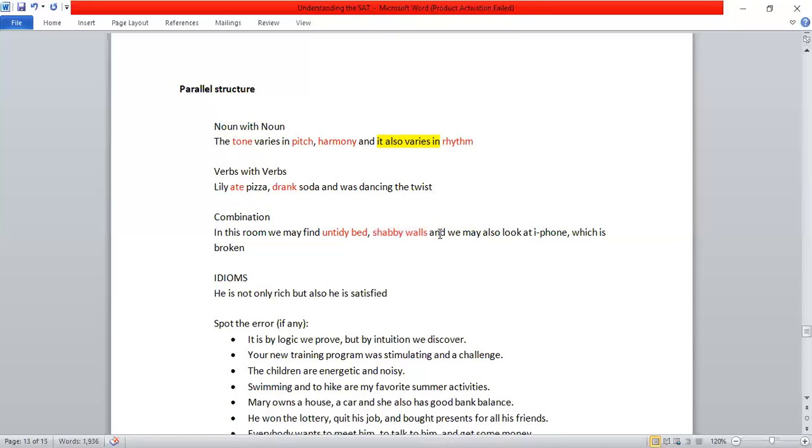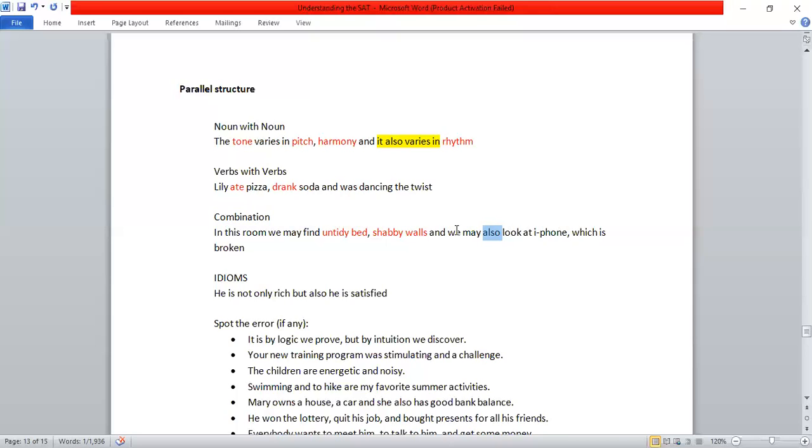The third part said we may also look at iPhone which is broken. Now, a very long sentence, we don't need we may because we've already used it over here in this room, we may find. So this goes away easily. Now, if I only say iPhone, then so it's untidy, that's an adjective to bed. Shabby to wall, adjective to noun. So if I only say iPhone, then I'm not giving an adjective to it. So I want you to think about it.